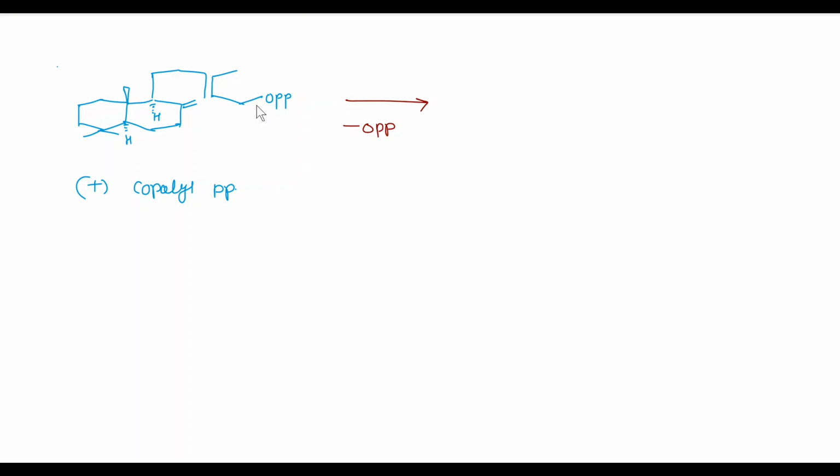So here this is plus copalyl pyrophosphate. From this copalyl pyrophosphate, in the first step, loss of pyrophosphate takes place and we get an allylic cation, here positive charge.